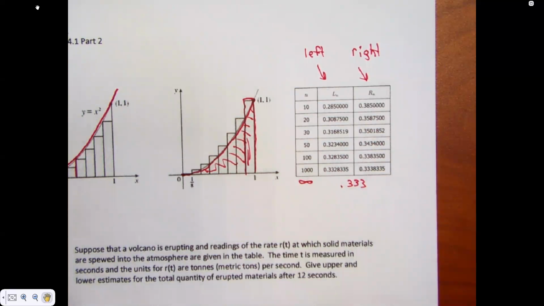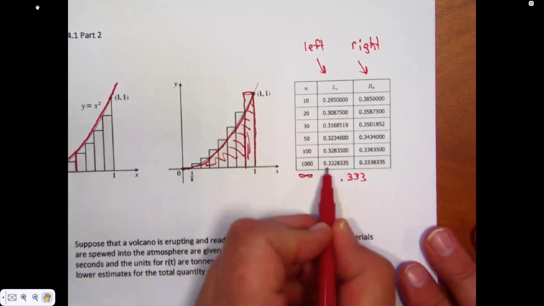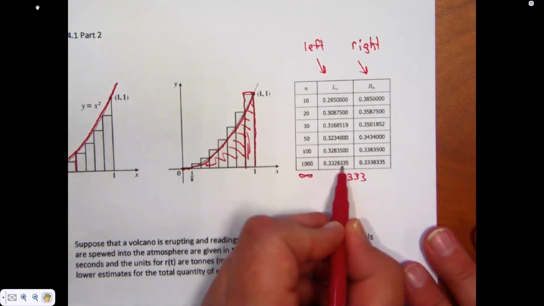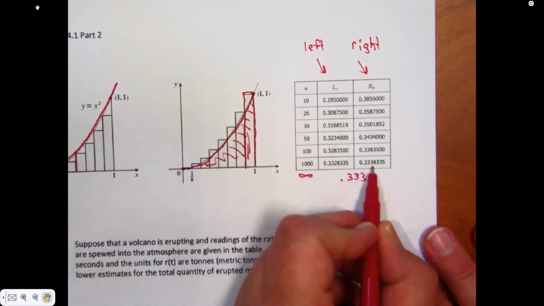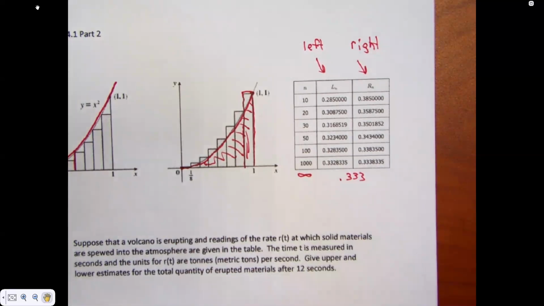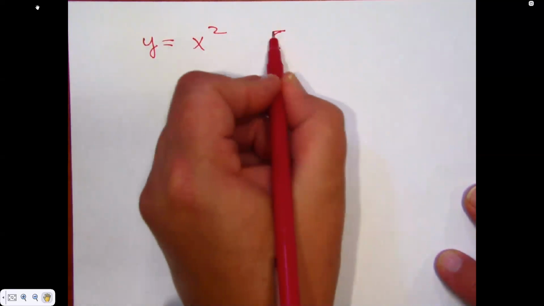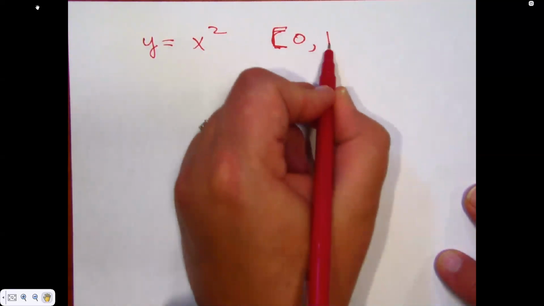But now we actually know, let's find this. So at 1,000 rectangles, we have 0.3328335 or 0.3338335, okay? So let's actually find the exact area. The equation was x squared, and it was going from 0 to 1.